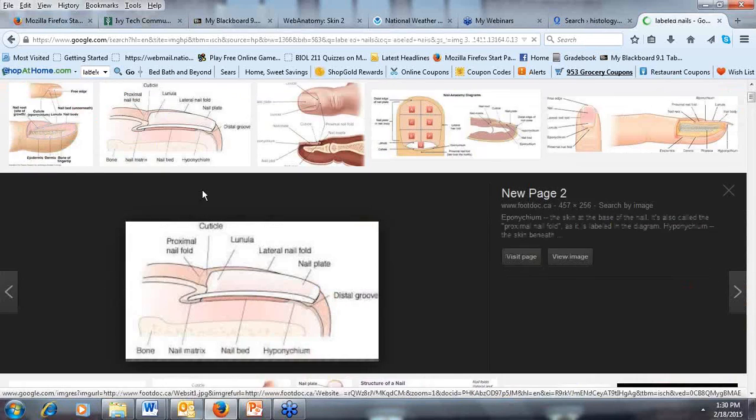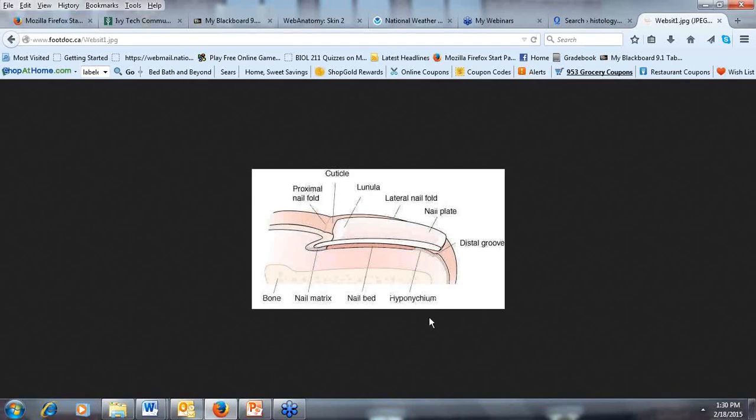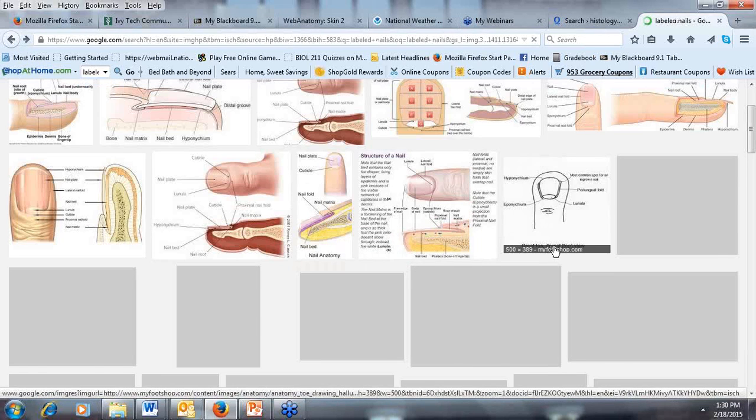We just had maybe 2 or 3 structures listed. Here's one that has some more. Notice what's going on there. There's a term called hyponychium, opposite of that, cuticle.